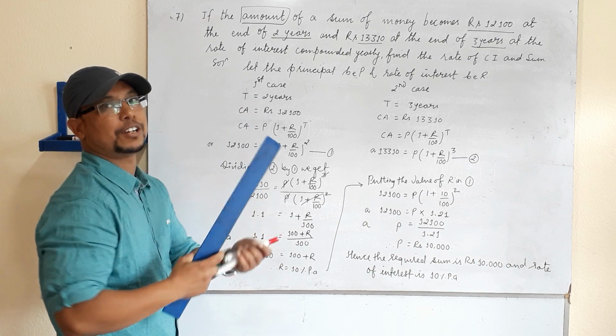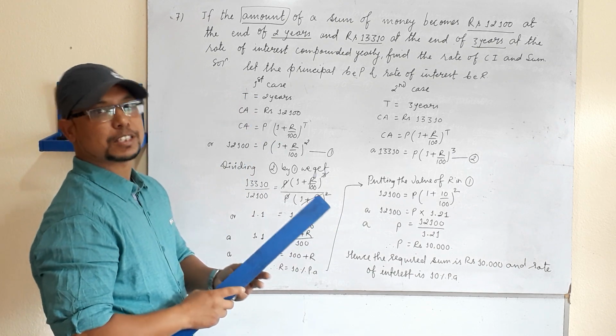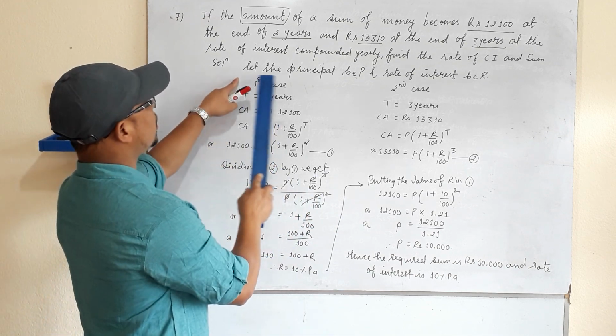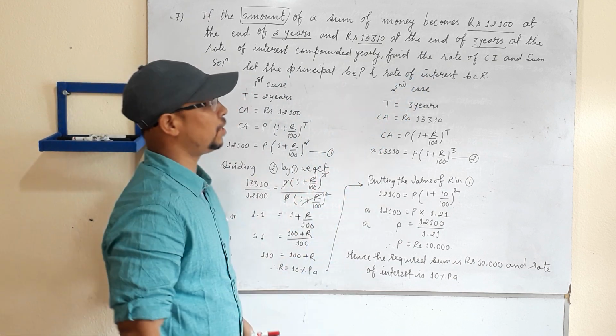That means you have to find the rate R and the sum, meaning the principal. So let the principal be P and the rate of interest be R.